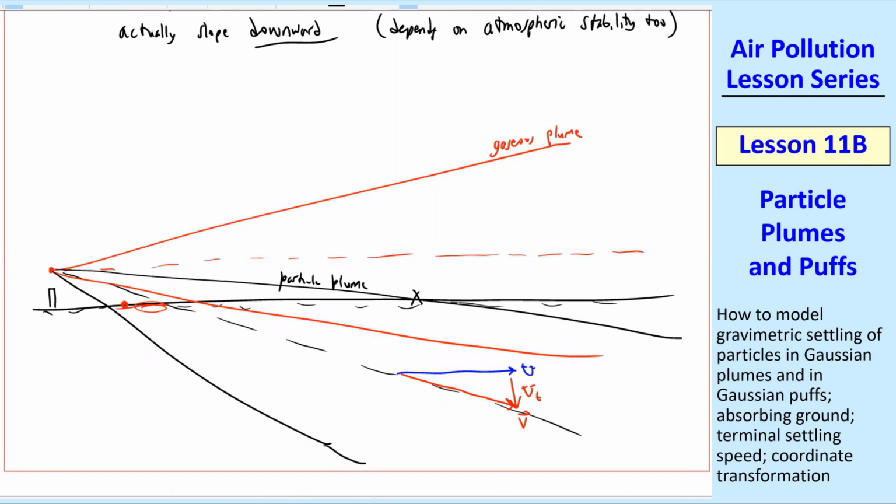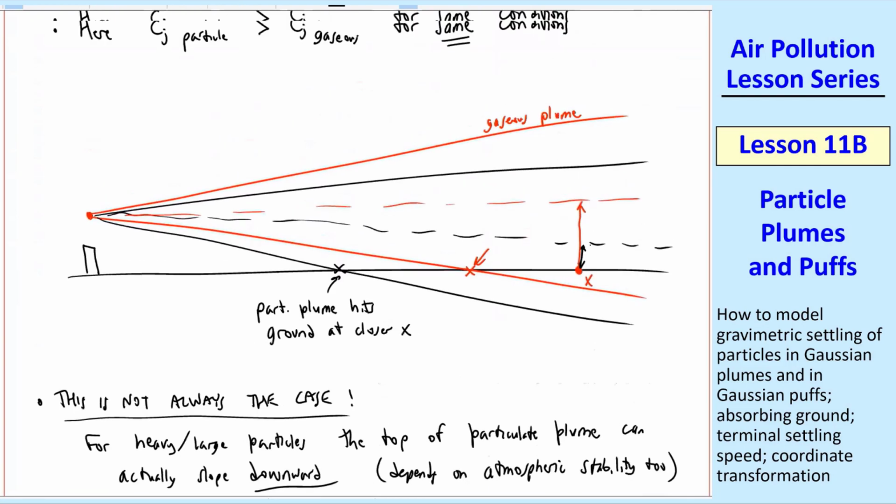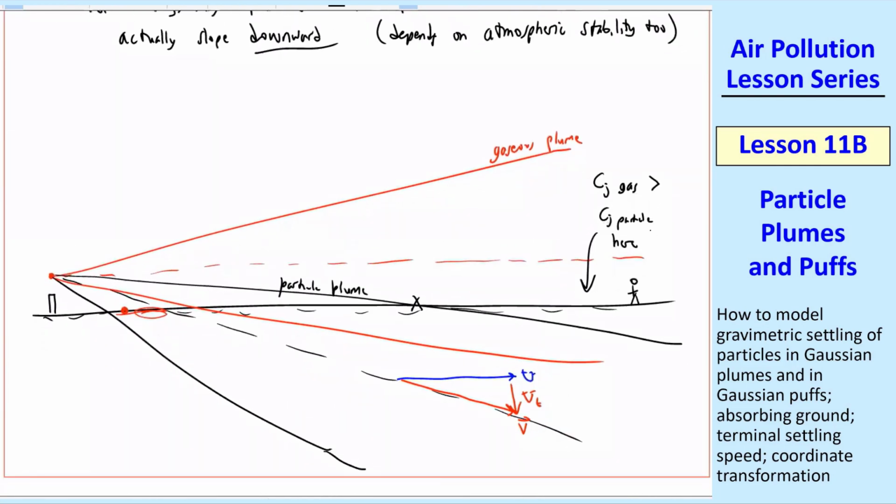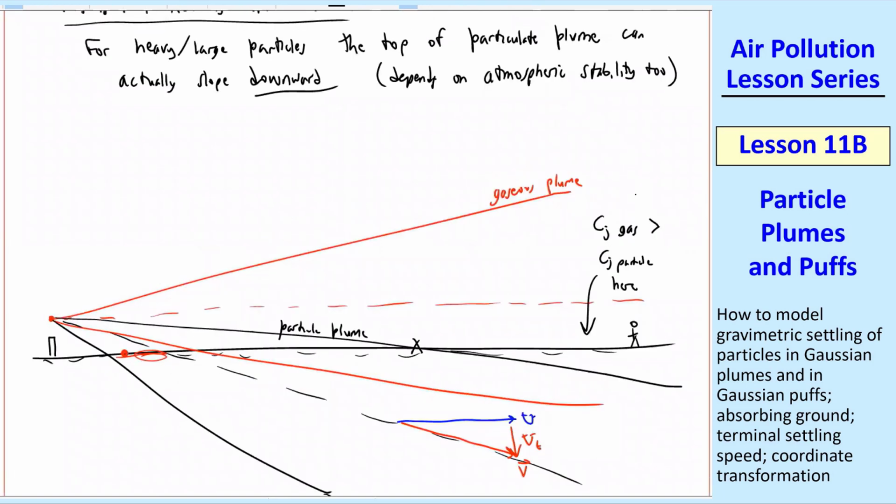So eventually, this particle plume gets completely absorbed by the ground. So if you're back here, you never even breathe any of those particles, but you do breathe the gases that come out of that plume. So Cj gas is actually greater than Cj particle here, which is the opposite of this case. Typically, that doesn't happen till very far downwind, and it has to be very heavy and or large particles such that the top of the particle plume actually is tilted downward.